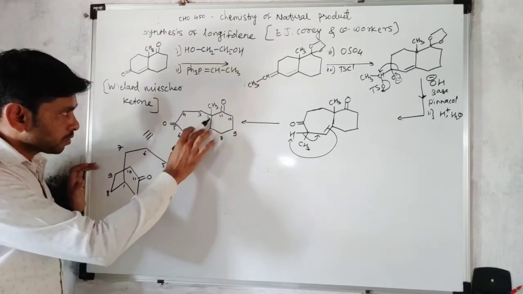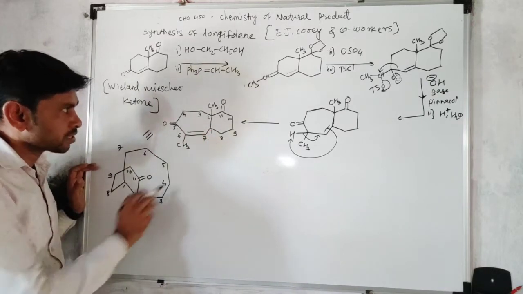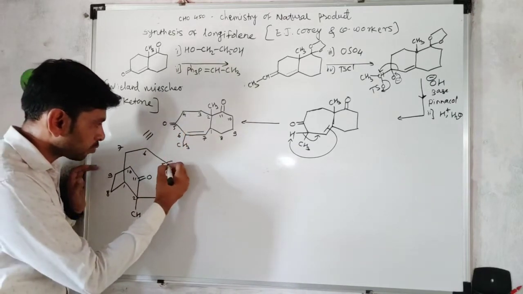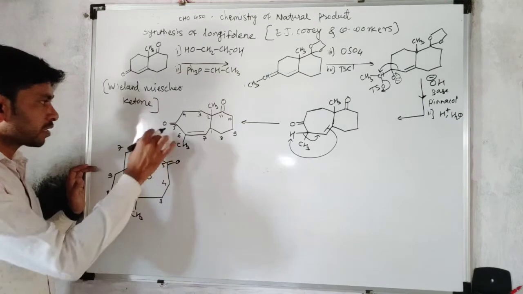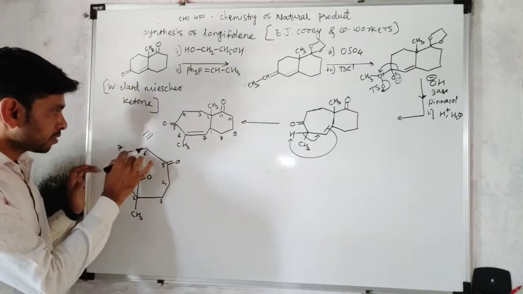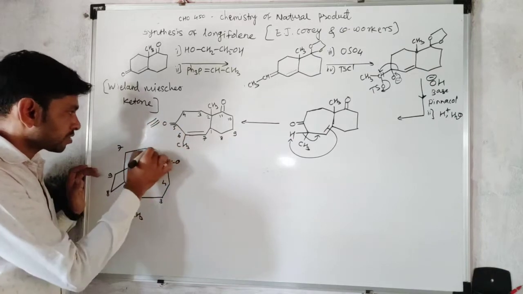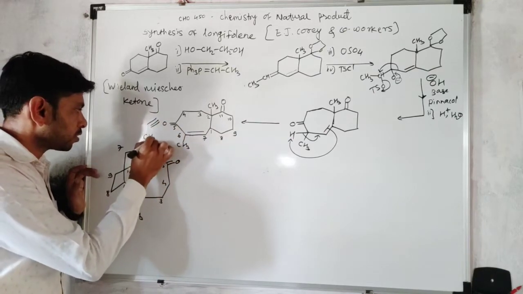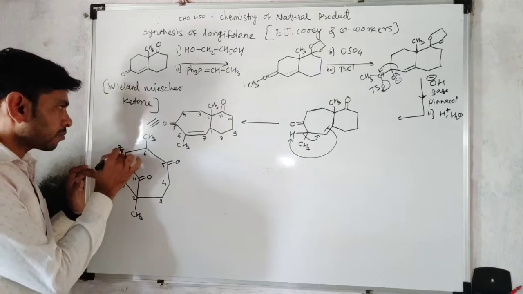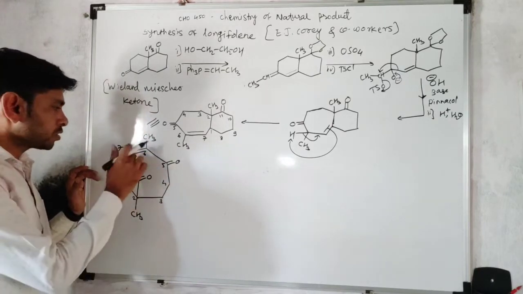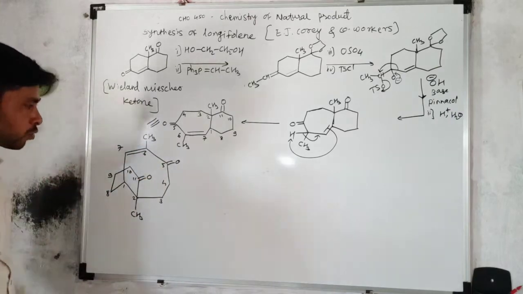So 1, here 2 contains CH3, 3 no group, 4, 5 carbon contains the carbonyl group. So carbon number 5 contains the carbonyl group, carbon number 6 contains a CH3 group. So it is a CH3 group here. Carbon number 7 contains the double bond. So this is the actual conversion.